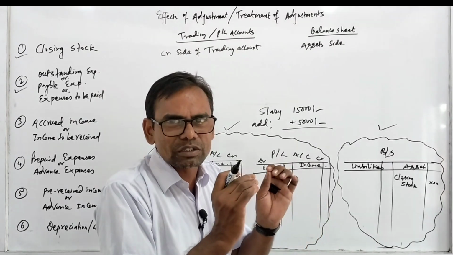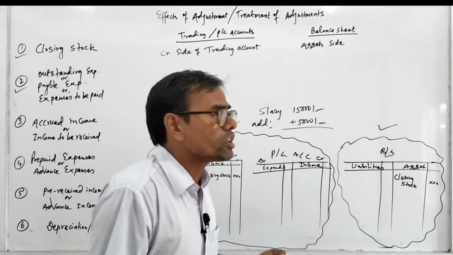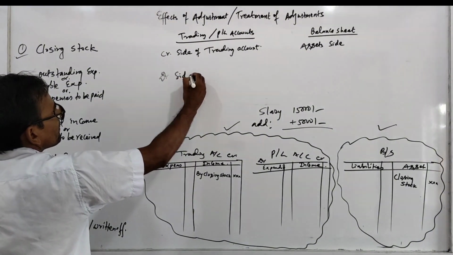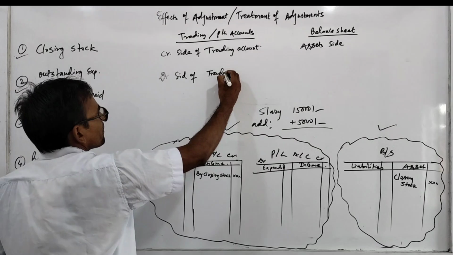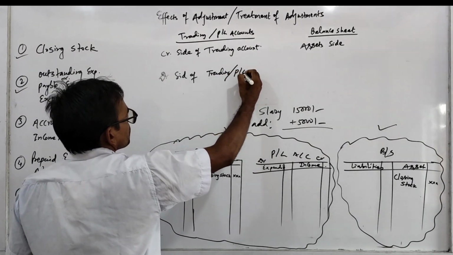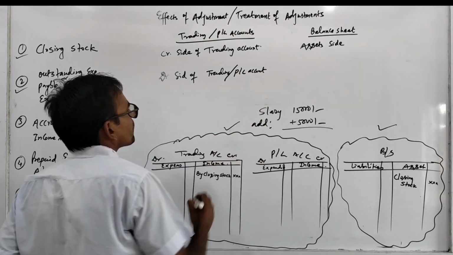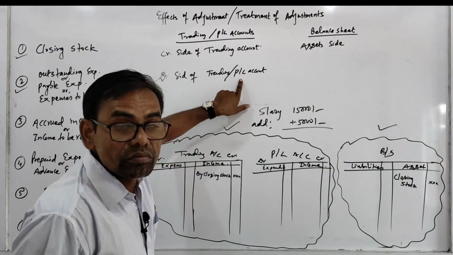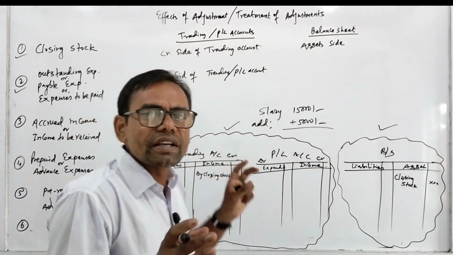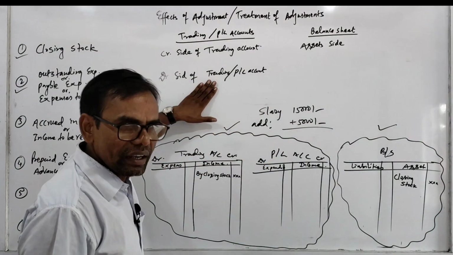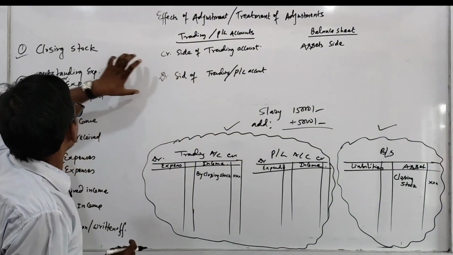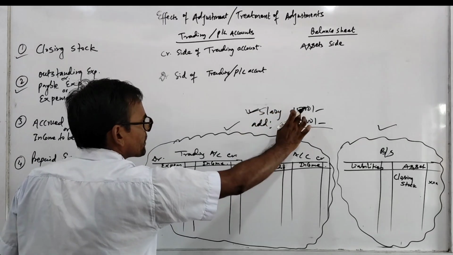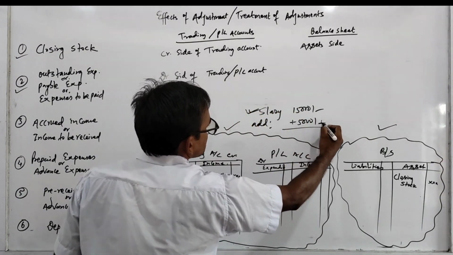Because it is an expenditure, it is recorded on the debit side of the trading or P&L account. If it is salary, it goes to the profit and loss account, but if it is wages, it should be recorded in the trading account. So that depends upon the expenditure. Suppose in the trial balance salary is given as 50,000 and outstanding salary is 5,000.